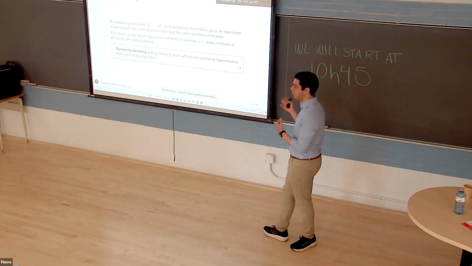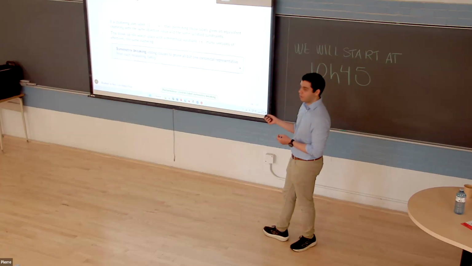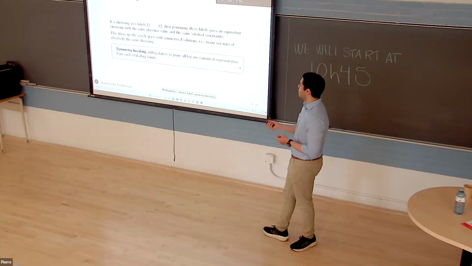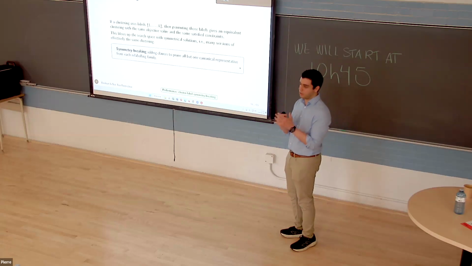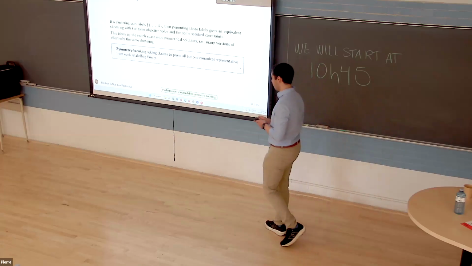So we don't need to consider all of those solutions, because for each clustering, there are k factorial equivalent ones. So we just add symmetry breaking clauses. The clauses themselves are a little bit more complicated here, but the idea is that only one of those equivalent clusterings is a viable solution in our encoding. The others are simply infeasible.